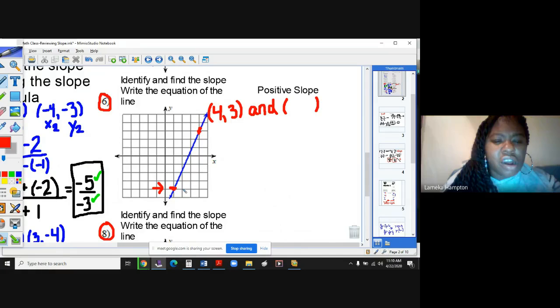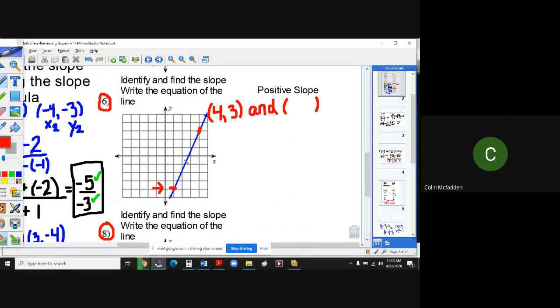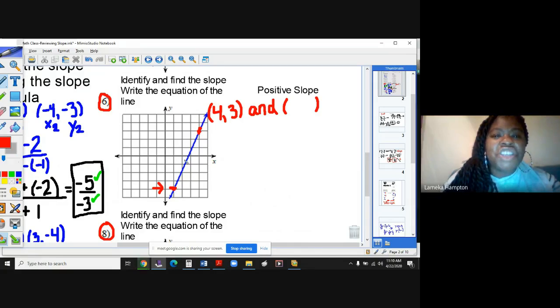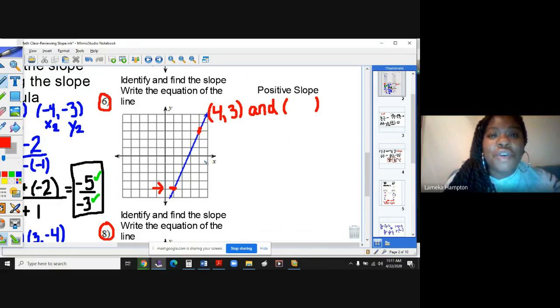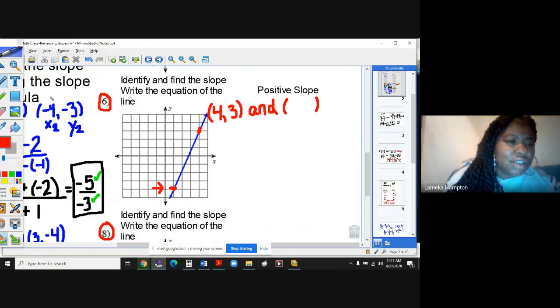Is it 4? You said 4 and 1? Switch it. 1, 4? Well, 1, -4, but I'll take it. So remember, Mr. McFadden, you're gonna start at 0, and then you're gonna go over to your right one.